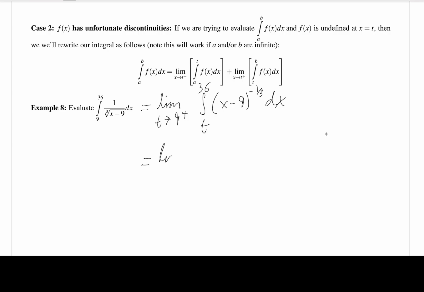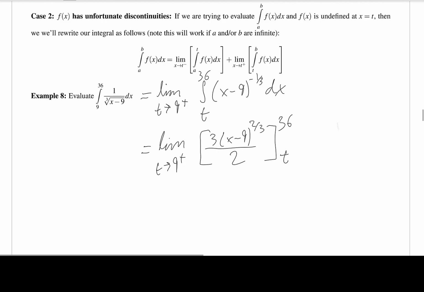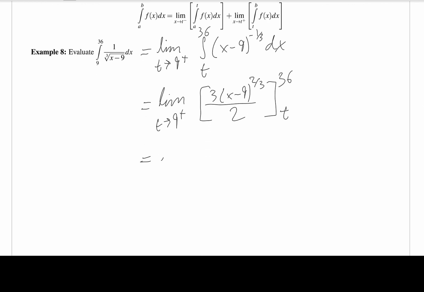So then this becomes the limit as t approaches 9 from the right. I can go ahead and integrate this. This would give me x minus 9, add 1 to the exponent, so it becomes 2/3, multiplied by the reciprocal, and then evaluate from t to 36. So this is the limit as t approaches 9 from the right. I'm going to pull out this 3/2.